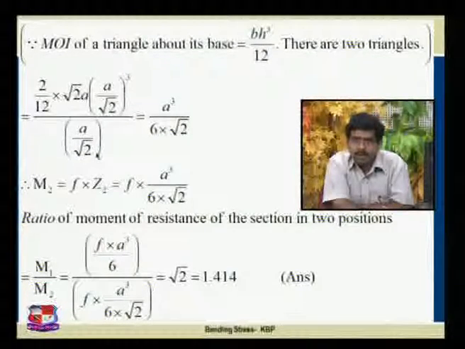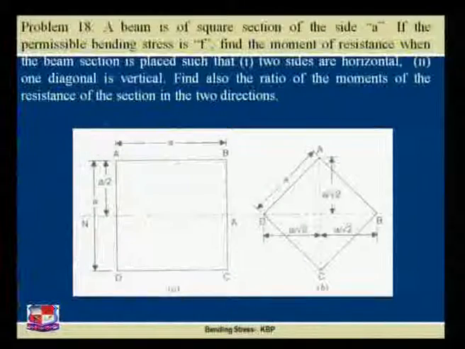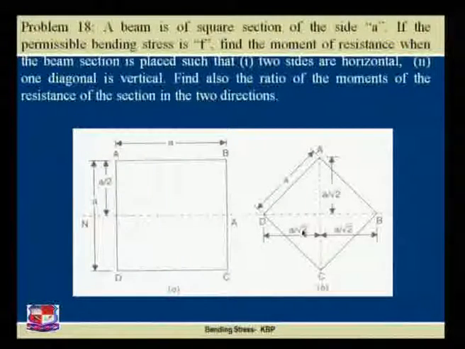If we refer to the figure previously, precisely, this is my B and this is my h. So B is this one, A by root 2 plus A by root 2, 2 into A by root 2, that is root 2 A, that is B, and h is A by root 2, BH cube by 12.